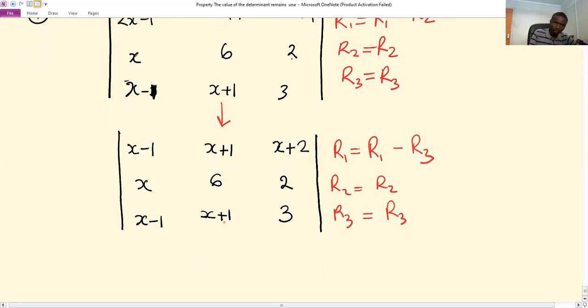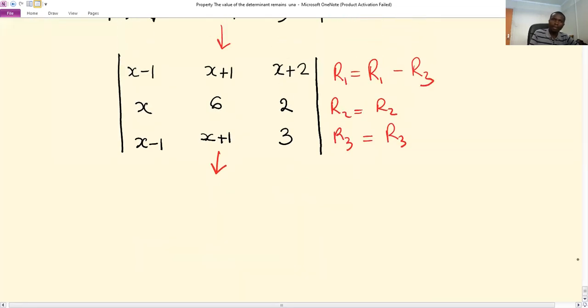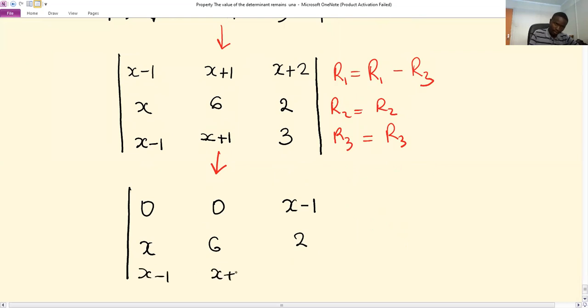So this will give us the determinant of x minus 1 minus x minus 1, which is 0; x plus 1 minus x plus 1, which is 0; x plus 2 minus 3 is x minus 1; and then x, 6, 2; x minus 1, x plus 1, 3. Remember, this will give us 0.